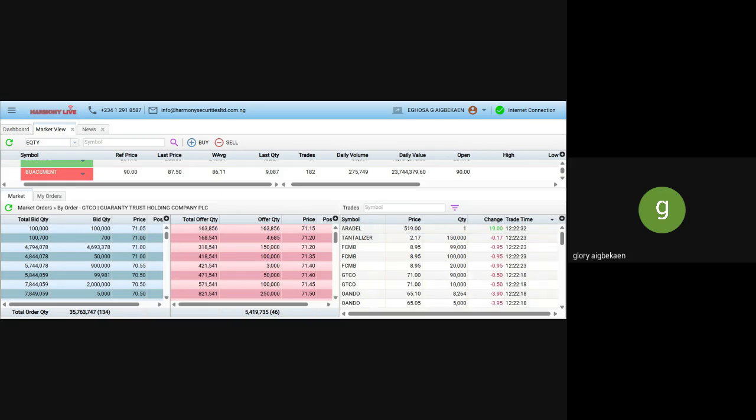August used to be the lowest month of the year in terms of stock prices. All stock used to come down in August. So I'll wait till about the end of August, if at all I want to buy it again, before I enter.